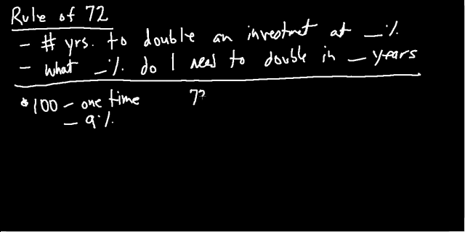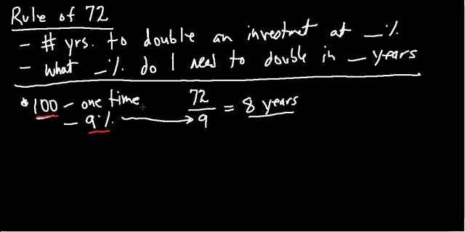You take 72 divided by the interest rate, which is 9%, and that equals 8 years. It's that simple. So again, you invest $100 at 9%, and after 8 years you'll have $200. Using the Rule of 72, it's simply 72 divided by 9% equals 8 years.